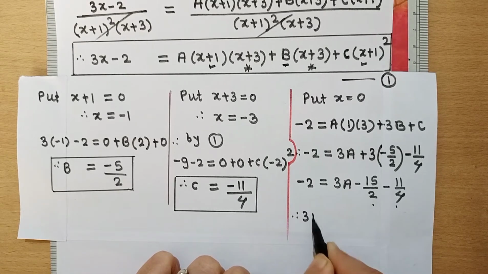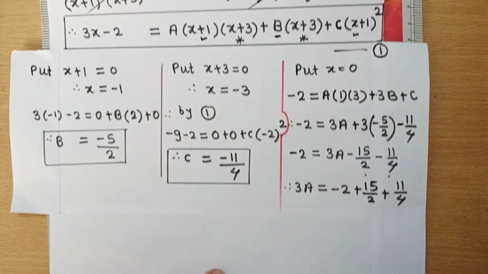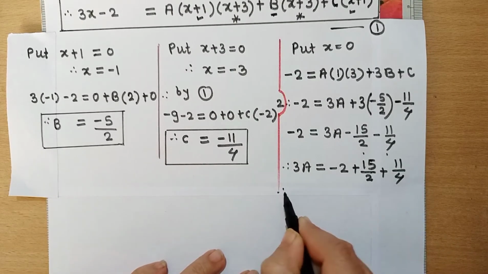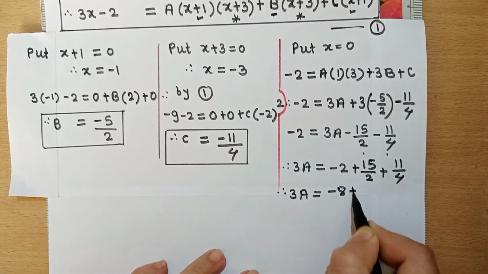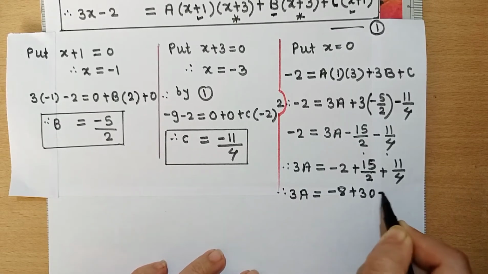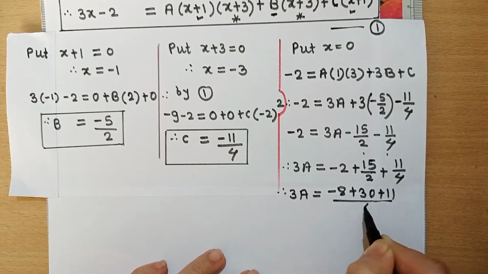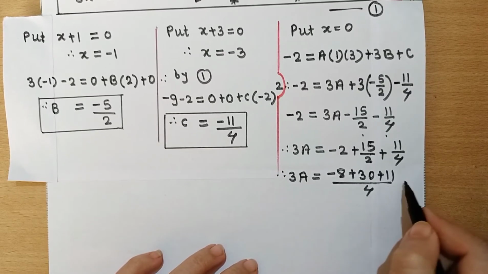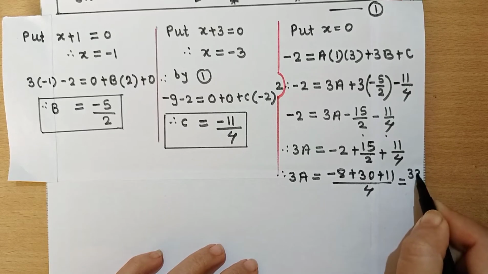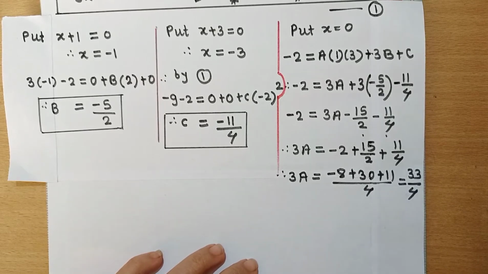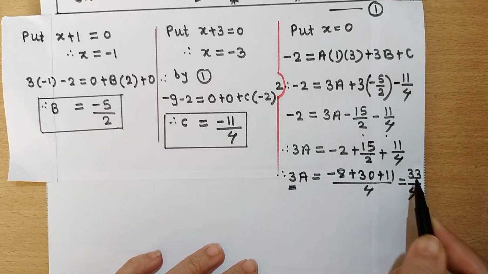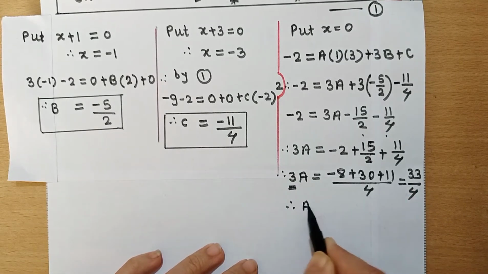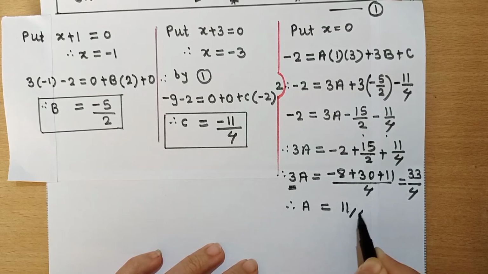Therefore 3A is equal to this minus 2, and by making the denominator 4, we have 3A is equal to minus 8 plus 15, 2s are 30, then 11 upon 4, and simplification of this is 33 upon 4, and again we will move this 3 to that side, so dividing by 3, A is equal to 11 upon 4.